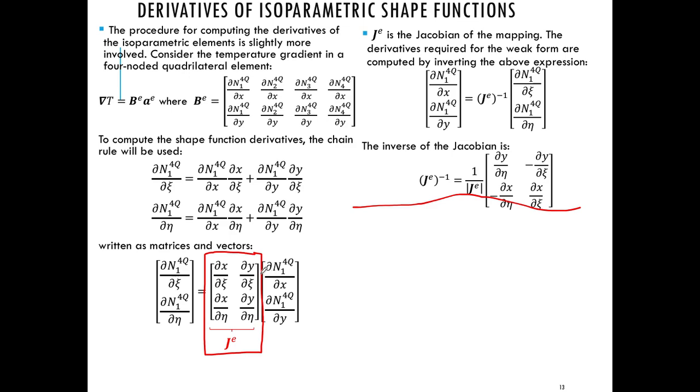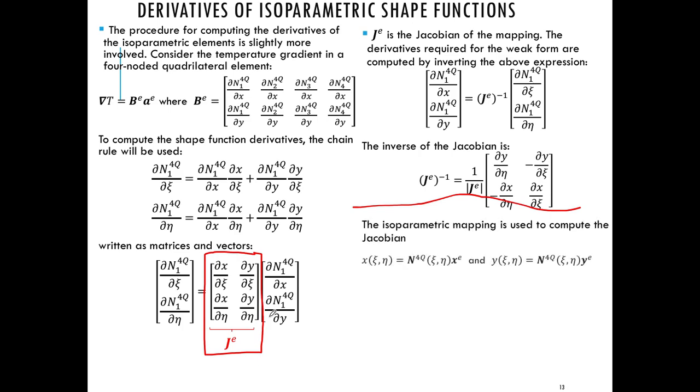Now also what I want you to do is recall that we actually already know what x and y are in terms of psi and eta, that is, what the mapping of x and y is. Remember that we were using our isoparametric shape functions to perform the mapping, right? So x in terms of the shape function is given by these expressions right here.